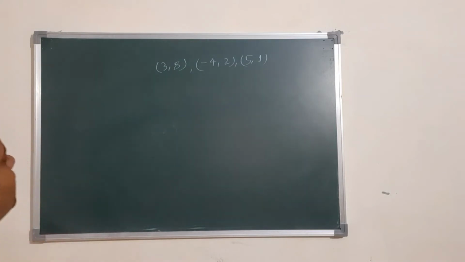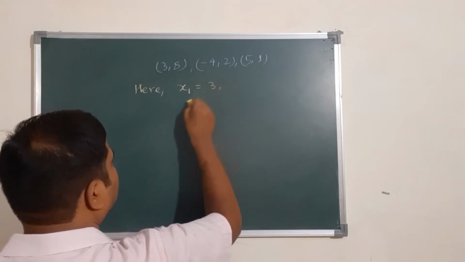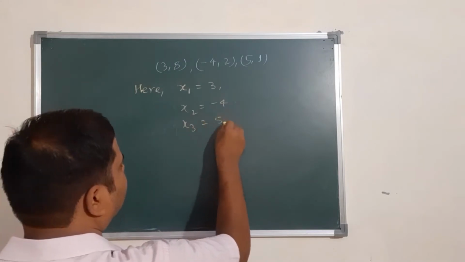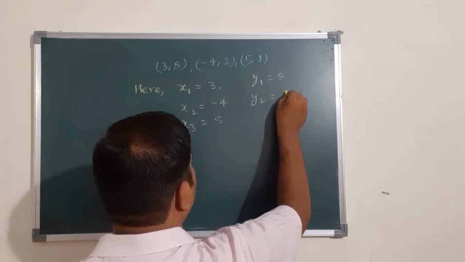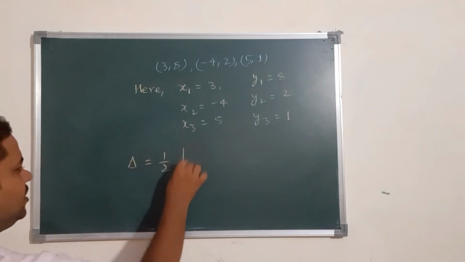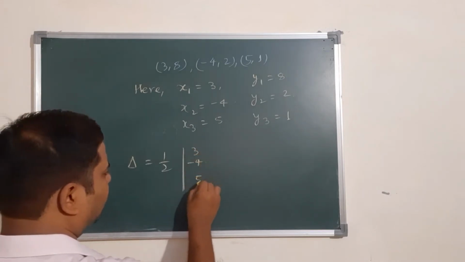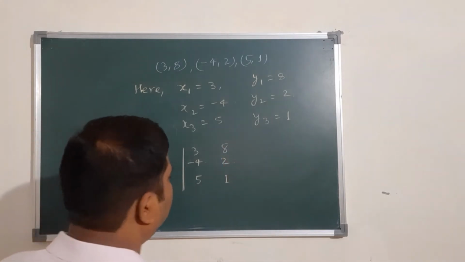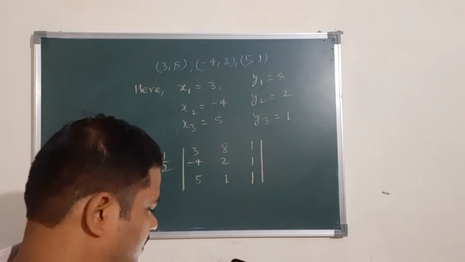Here x1 is 3, x2 is -4 and x3 is 5; y1 is 8, y2 is 2 and y3 is 1. So the area of the triangle is delta = 1/2 times the determinant with rows 3, 8, 1; -4, 2, 1; 5, 1, 1.